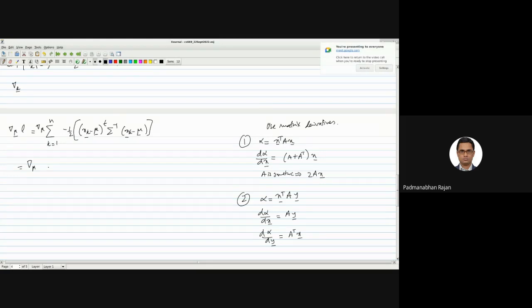We are going to take the derivative with respect to mu of the summation k equals 1 to n, with a minus half sitting outside.